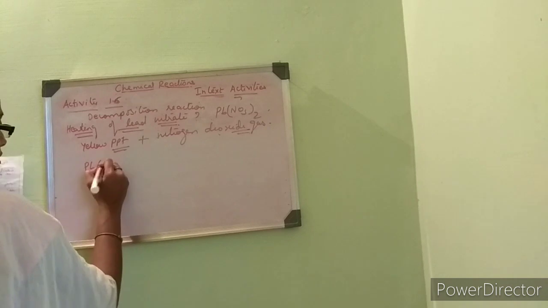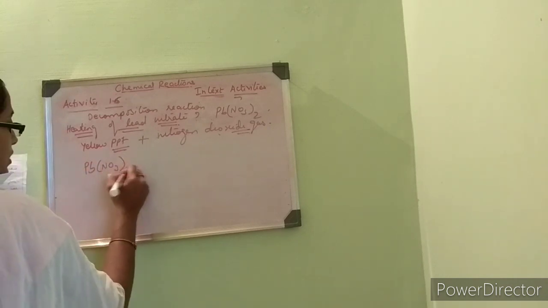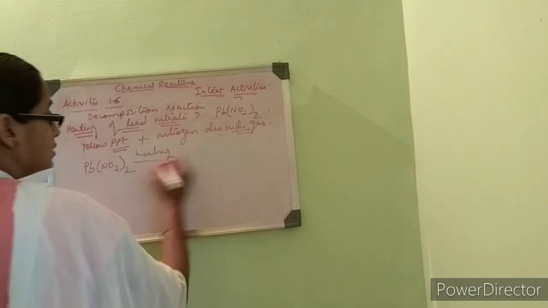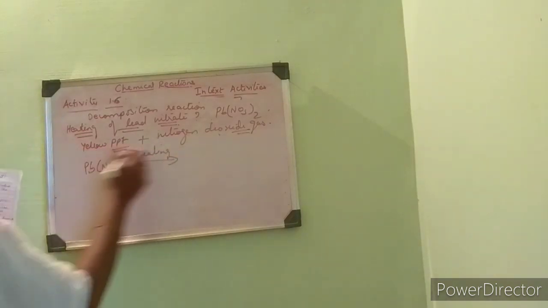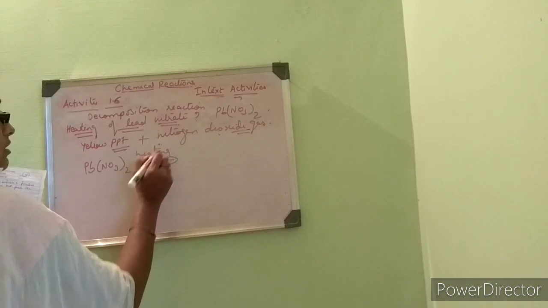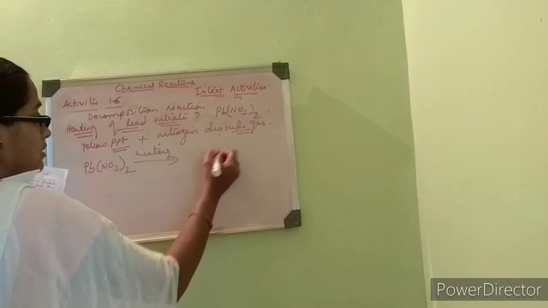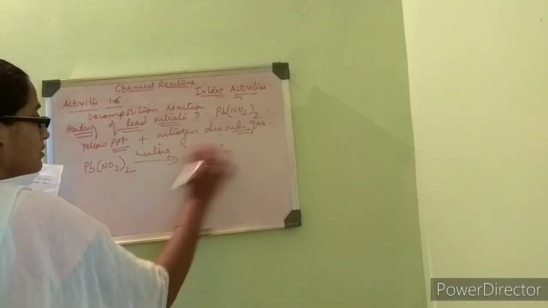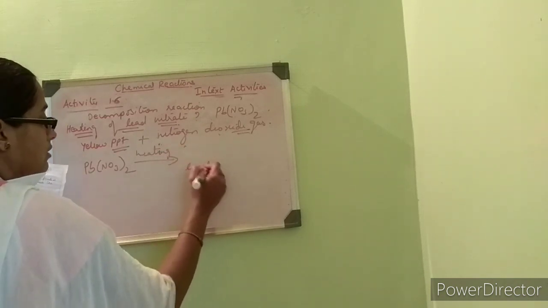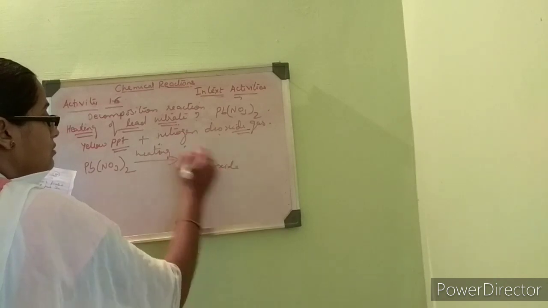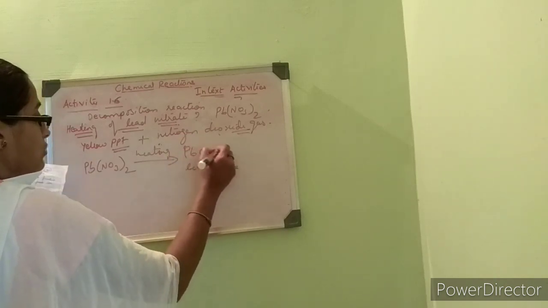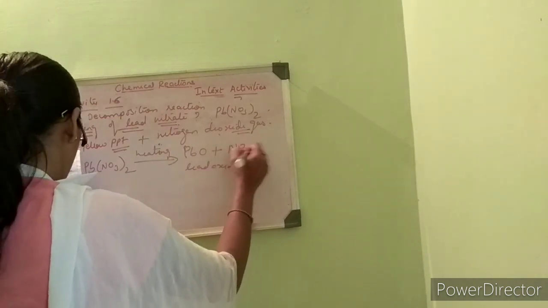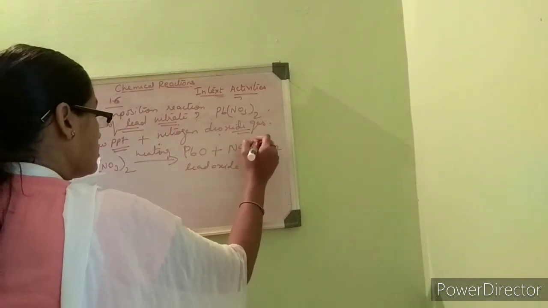So Pb(NO3)2 on heating always gives rise to an oxide. Here it is lead oxide, PbO, plus nitrogen dioxide, NO2, plus oxygen gas.